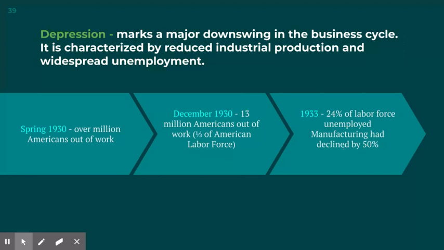Makes sense why all of those people were laid off from their job. If at this point you need a few seconds to write down this slide, go ahead and pause the video. That's the beauty of this all, is you can pause it so that you can write this information down.